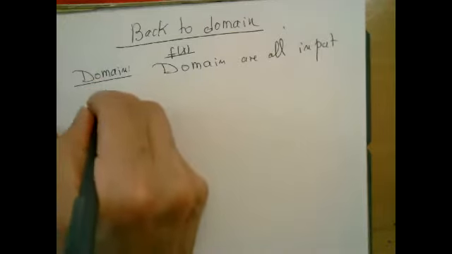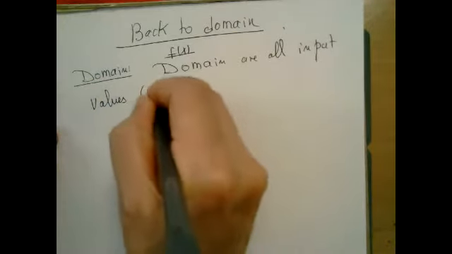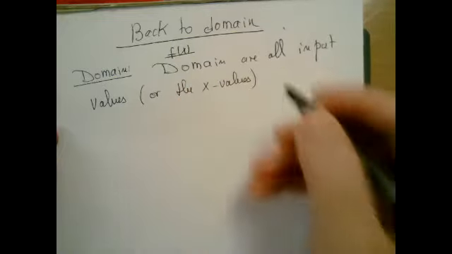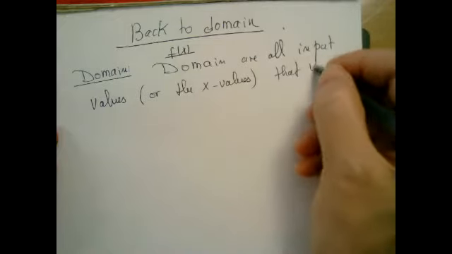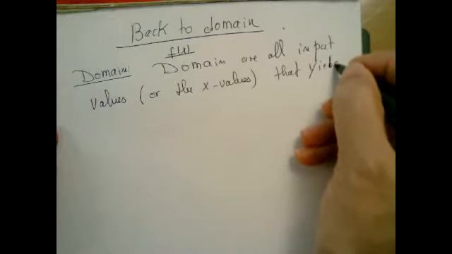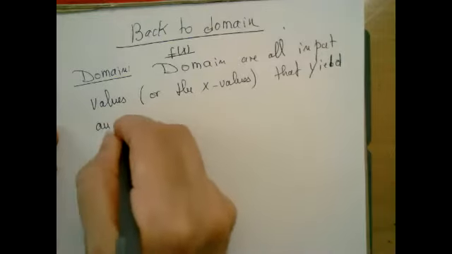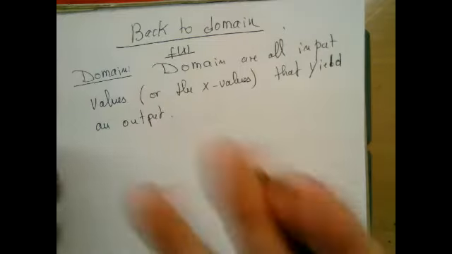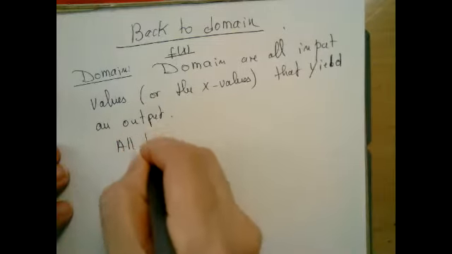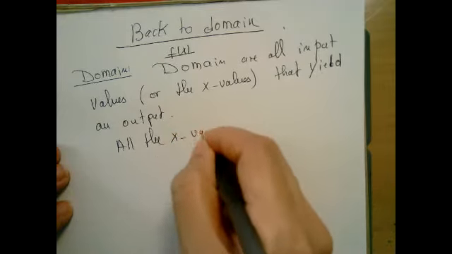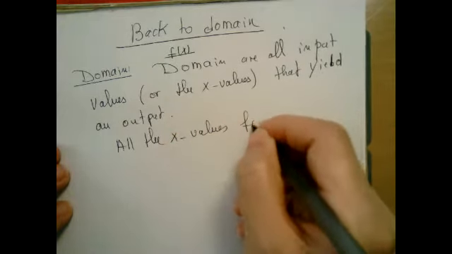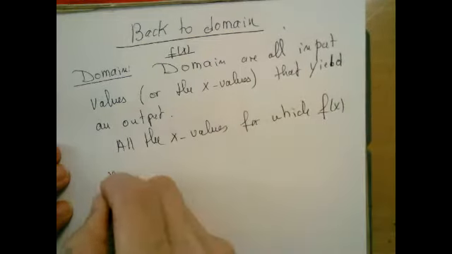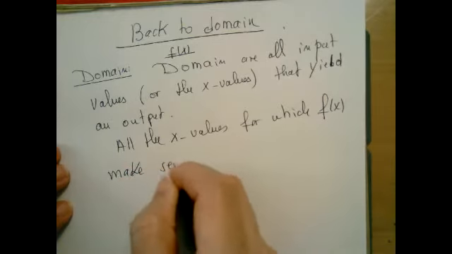All the input values, or the x values if you want, that yield an output. Or in a simpler form, all the x values for which f of x makes sense. I mean, you can find it. It's as simple as that.